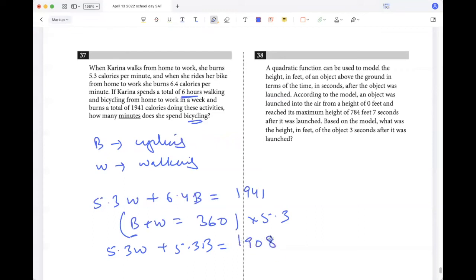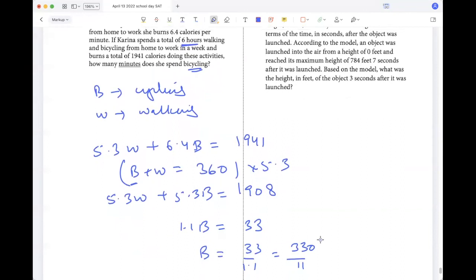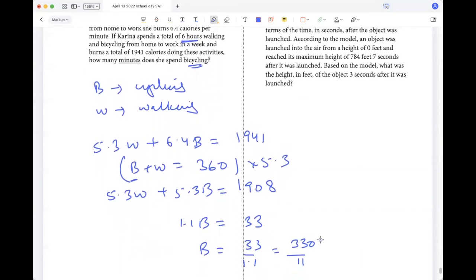And now we can subtract the second equation from the first. So we will get 1.1B is 33. So B is 33 by 1.1, which is 330 by 11, which is 30. So how many minutes does she spend bicycling? 30 minutes.